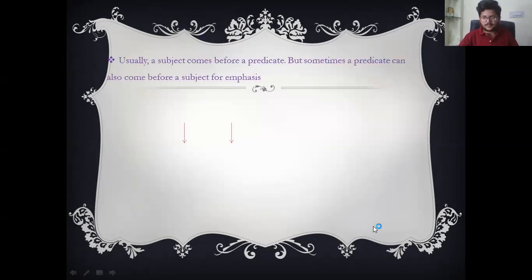Two points you have to remember. Usually, a subject comes before a predicate, but sometimes a predicate can also come before a subject for emphasis. Like usually in normal sentences, you see that first the subject comes, then the predicate comes.